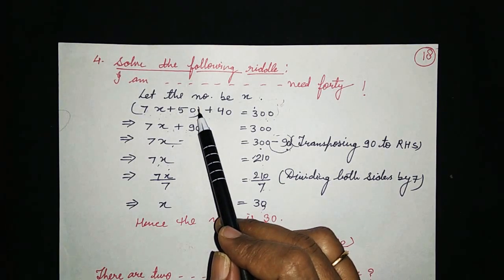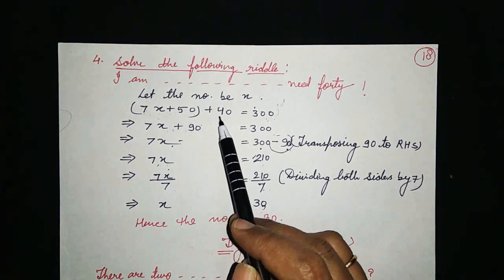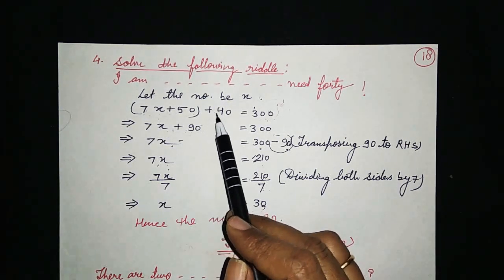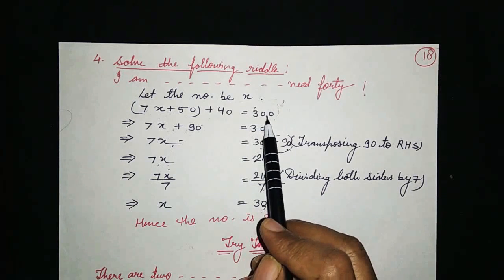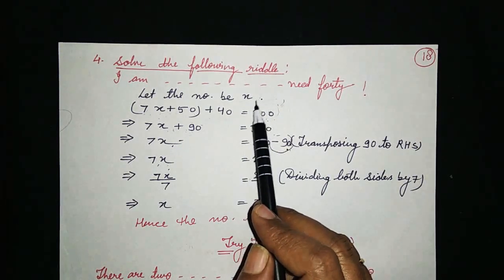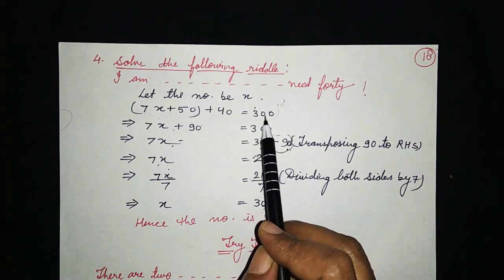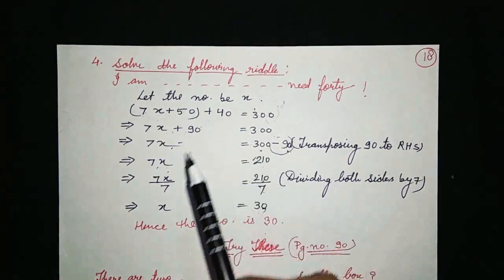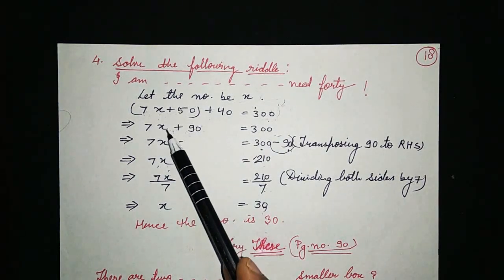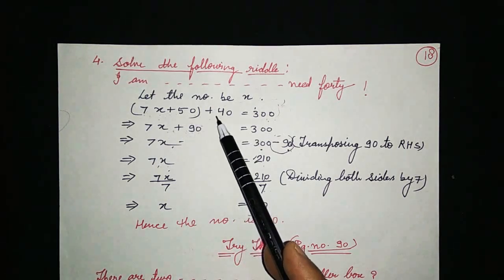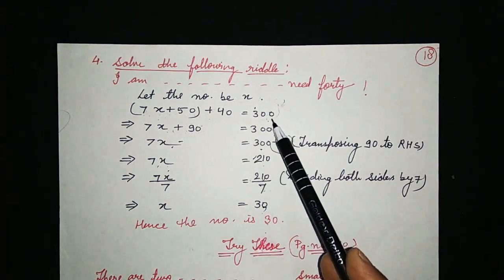To reach a triple century, you need still 40, means plus 40 is equals to 300. 1 century, 100, 2 century, 200. So triple century, 300. Now the equation is 7x plus 50 plus 40 is equals to 300.